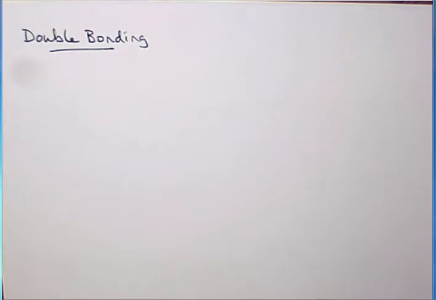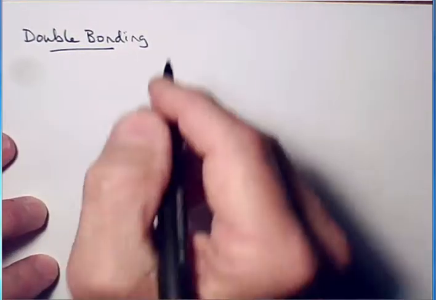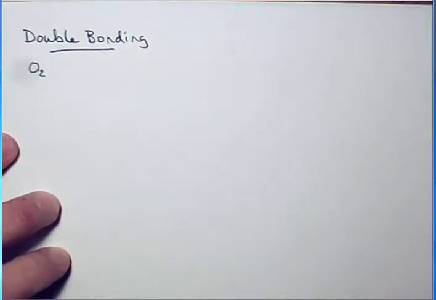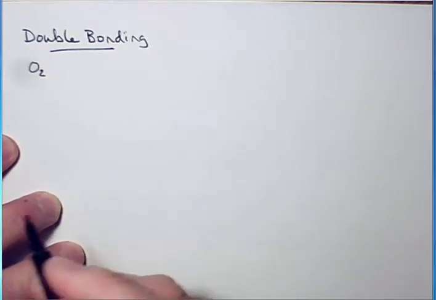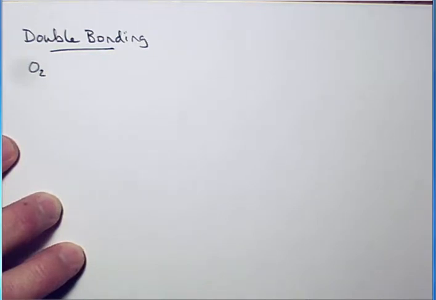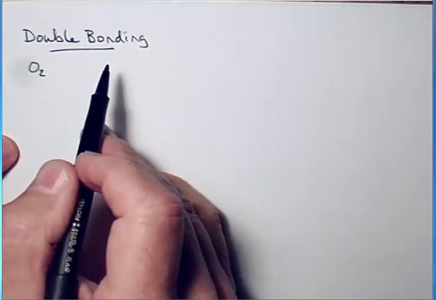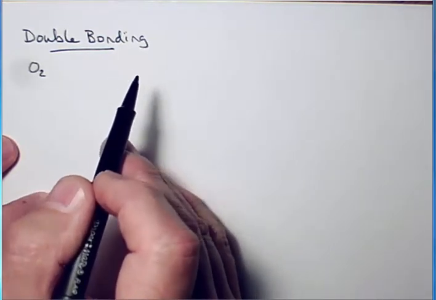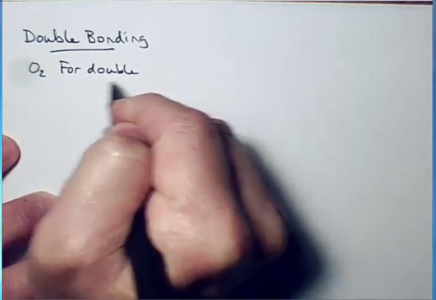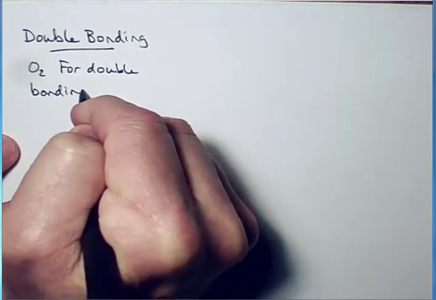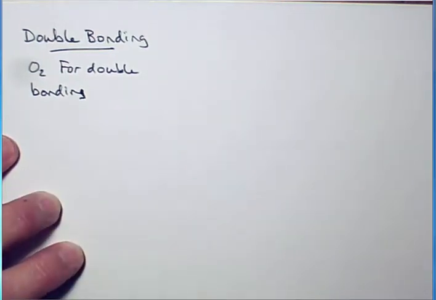Okay. We're going to use a really simple molecule to start with. We're going to start with O2. We could start with hydrogen, but that's a little more simple than I want to do. Now, in the previous example, we used sp3 hybridization. For double bonding, you must use sp2 hybridization. If you have nothing but single bonds, it's sp3 in almost every case.